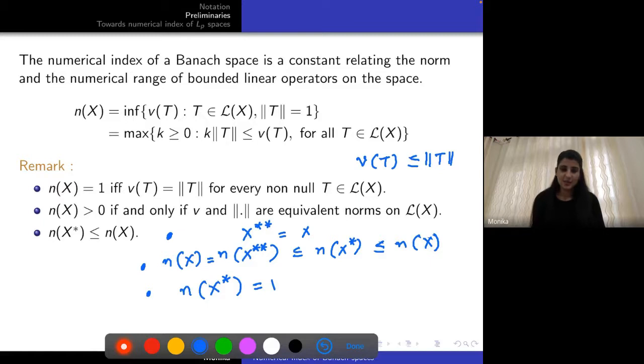So the maximum possible value of the numerical index is 1. So in case the numerical index of X* is 1, the numerical indices of X and X* will coincide.